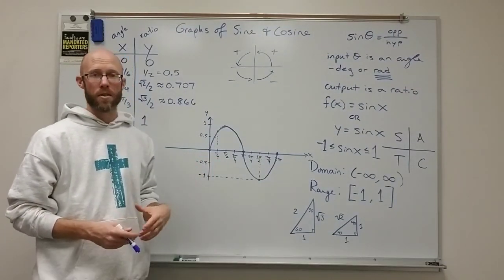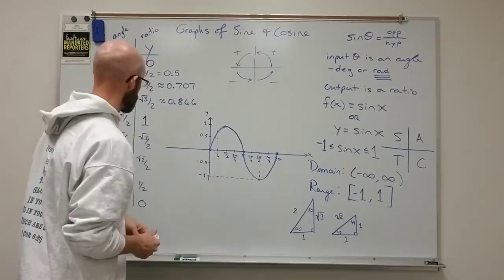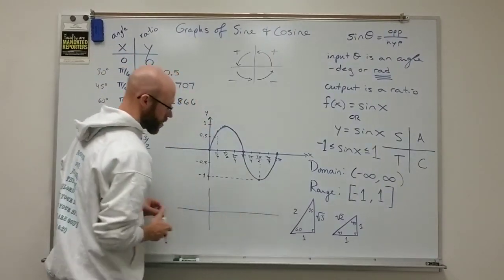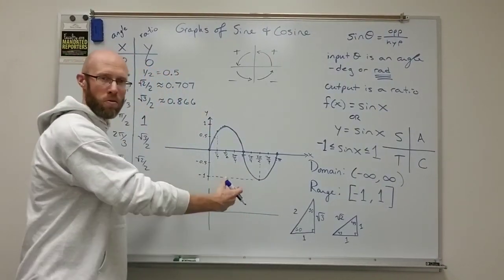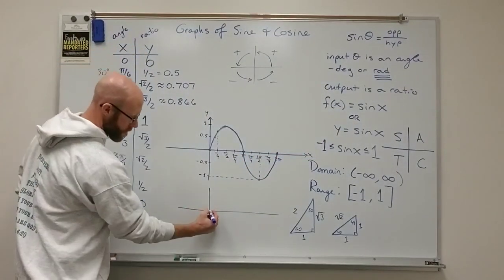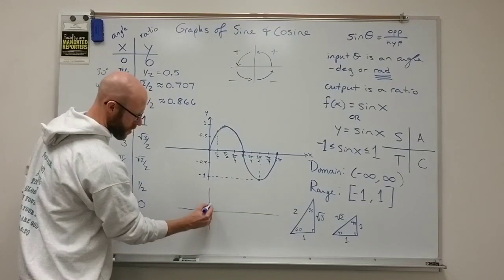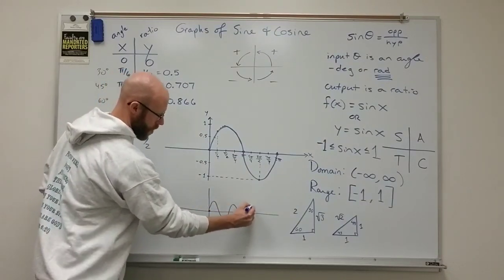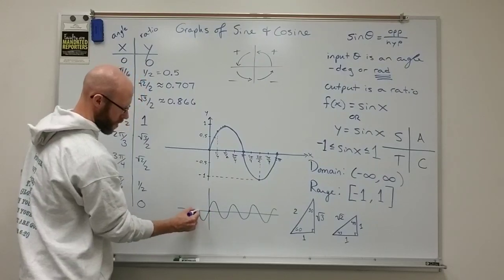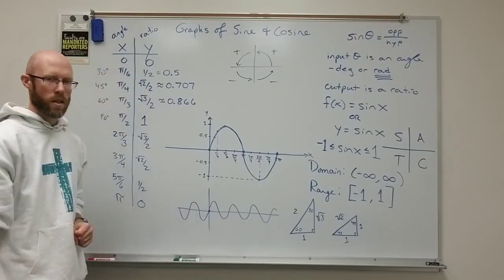Some people even call it the sine wave. Okay, in the sine wave, just real quick, imagine zooming out for a moment and seeing all those waves. You start at the origin and it just kind of waves back and forth between -1 and 1, and it does the same thing going to the left.